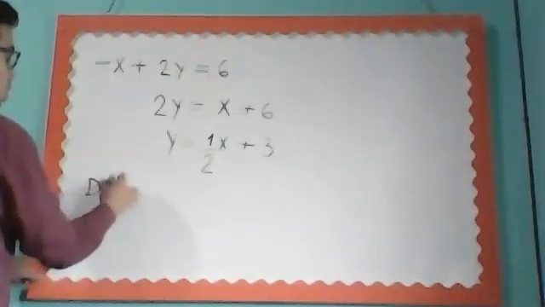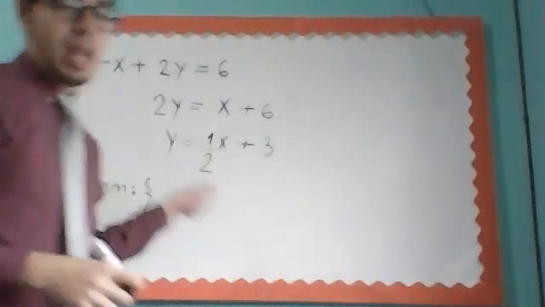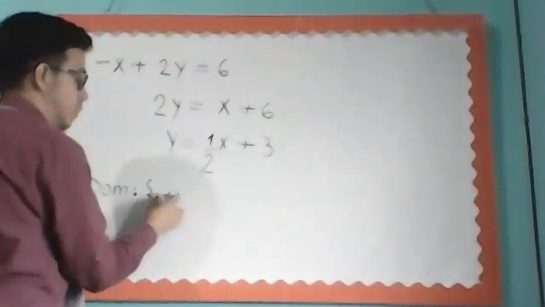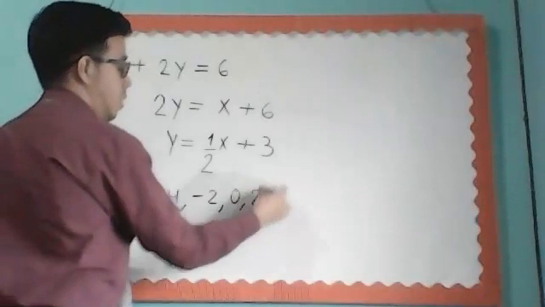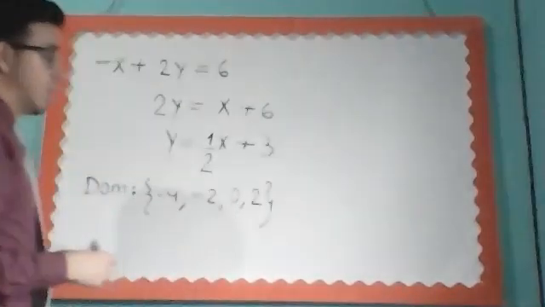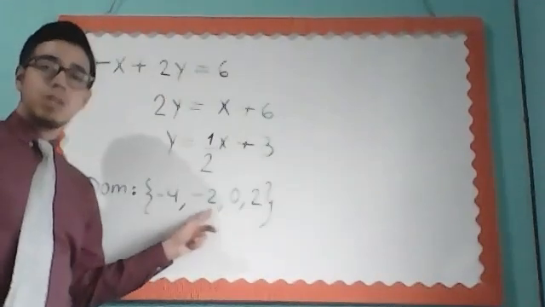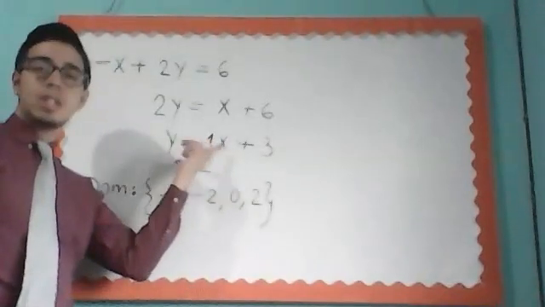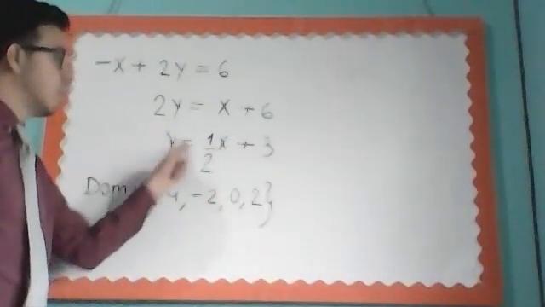The domain you have for this function in the values of x is -4, -2, 0, and 2. Using these values for x, we are going to replace each one in the x and find one value of y.